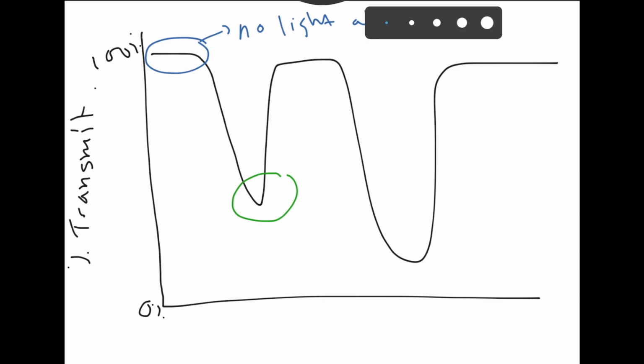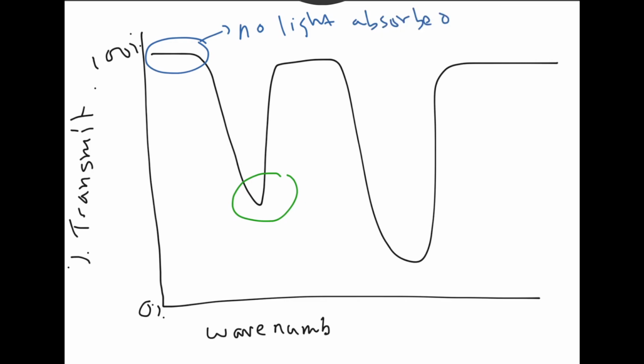The x-axis is wave number, which has units of centimeters to the -1. Whenever you have a peak, that corresponds to a bond or a group of bonds that absorbed light at that wave number, at that specific energy. And the lines at the top mean there are no bonds there absorbing that energy.